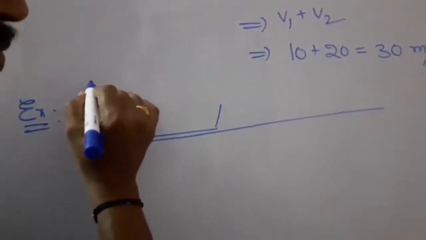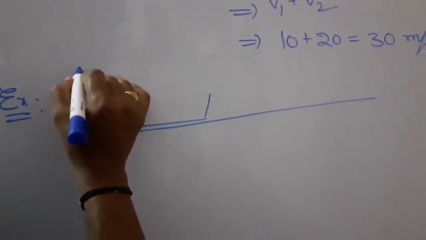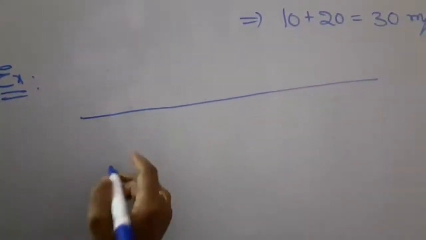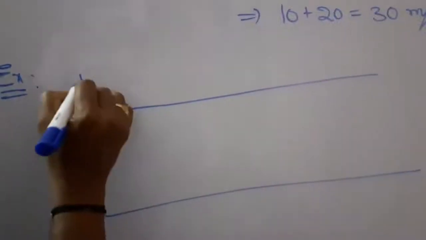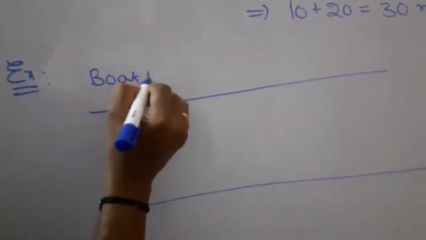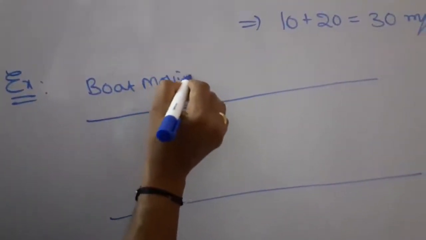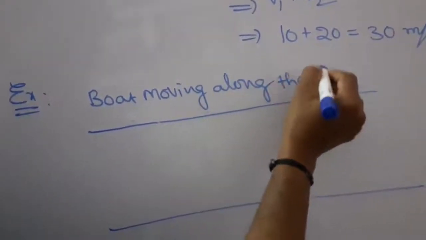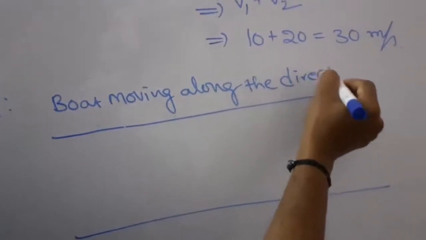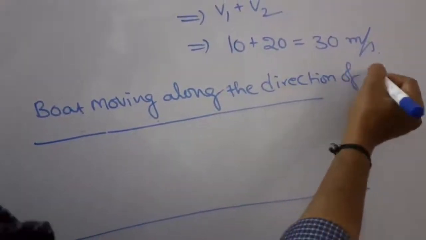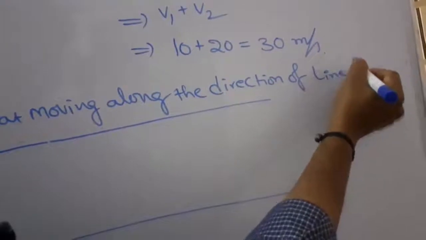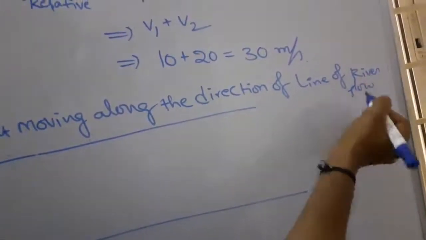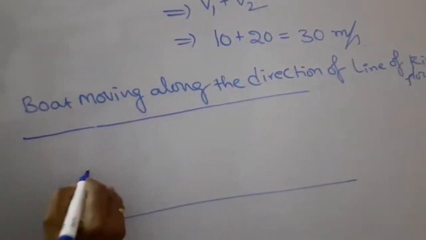This is the river, and the boat is moving along the direction of the line of river flow. So how can we find the relative velocity?